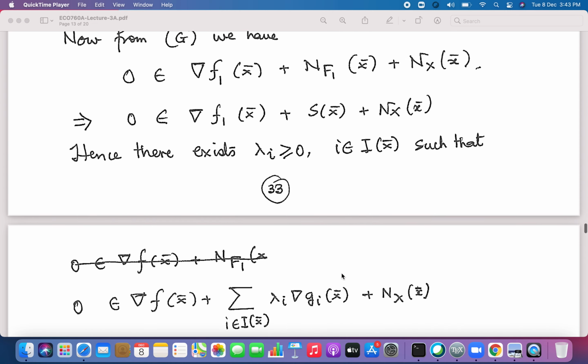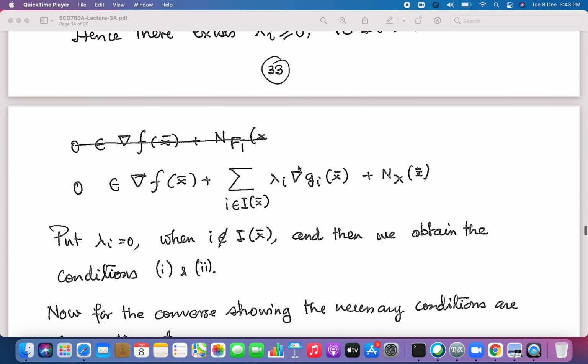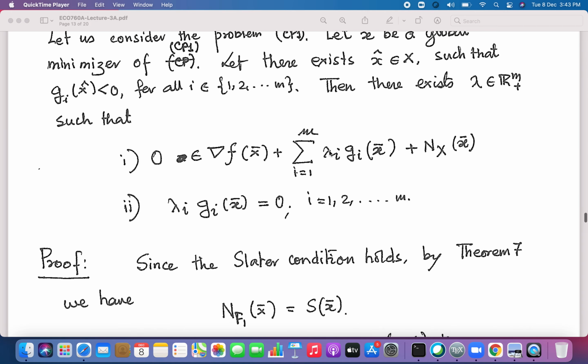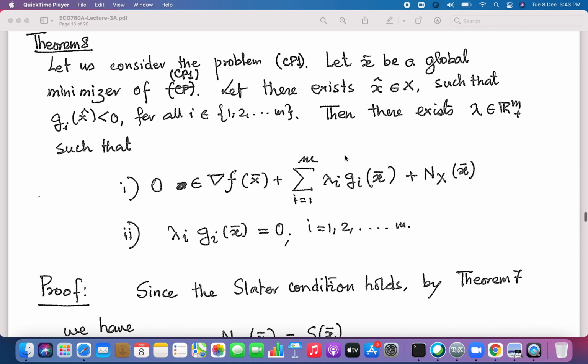You will see the next part, where the grad comes in. While writing, my pen seems to slip a lot, which it doesn't when you are typing, but unfortunately there was no time to type, so I really beg your pardon. And so plus N_X(x bar). So if you translate N_X(x bar) by this amount, 0 must belong to that new set, and the complementary slackness condition holds.